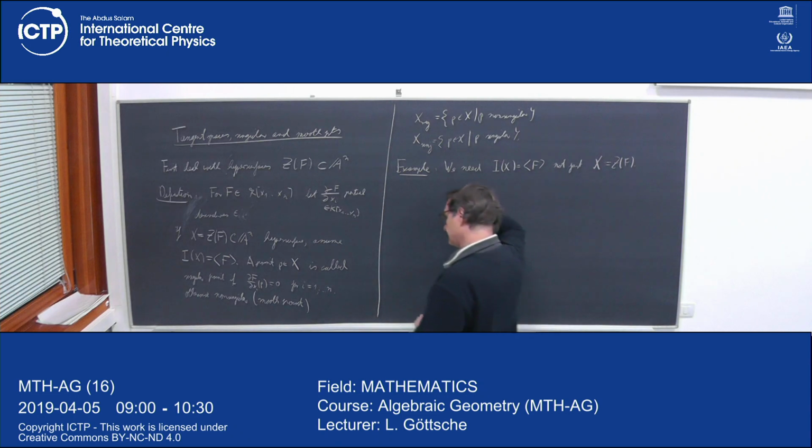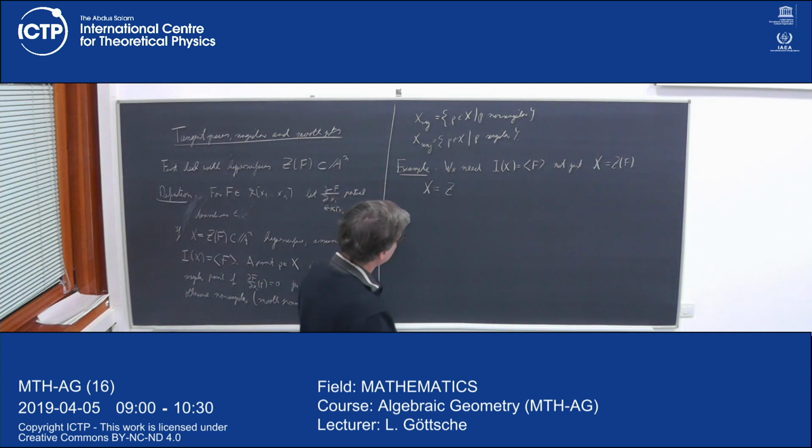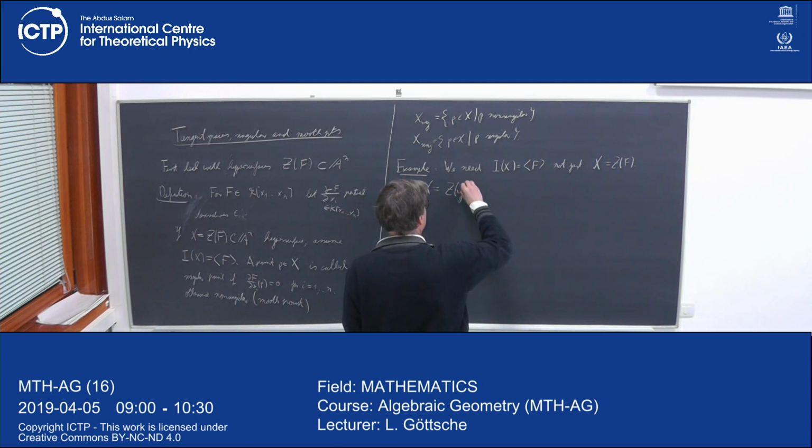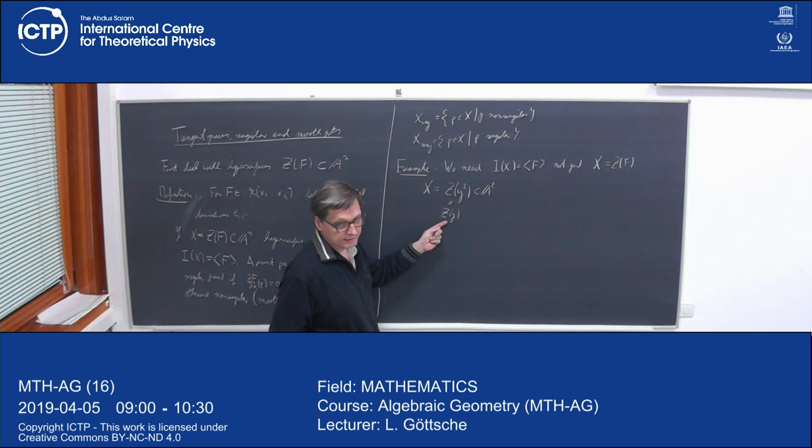For instance, if I take X to be the zero set of y squared in A2, then obviously this is also equal to the zero set of y, which you can see from the definition is non-singular, because always one of the derivatives is 1.